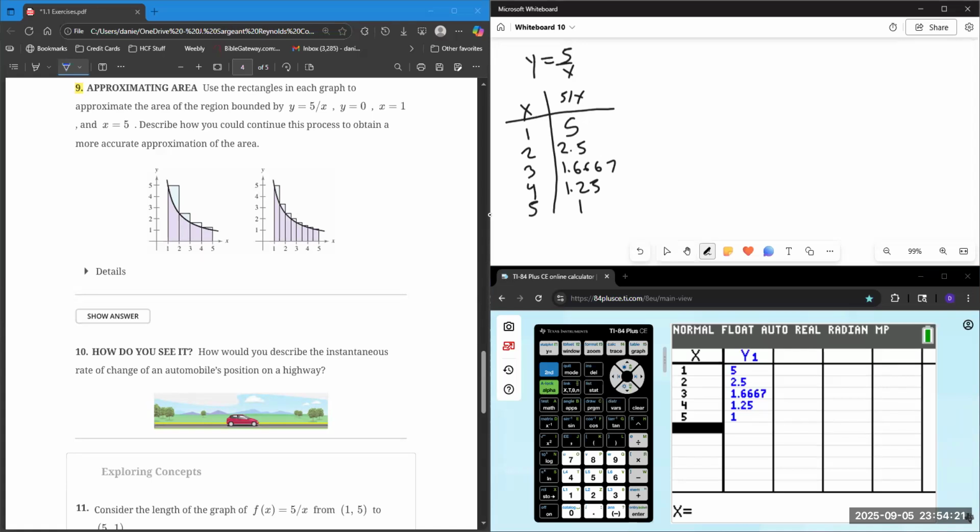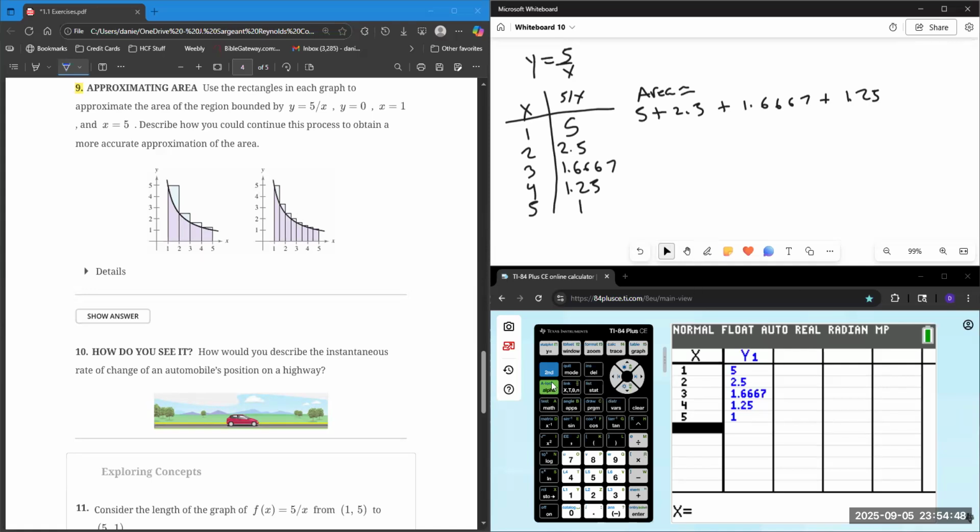So widths will be 1. So our area here in this first case is approximately 1 times 5 is 5, plus 1 times 2.5 plus 1.6667 plus 1.25 for the last one.